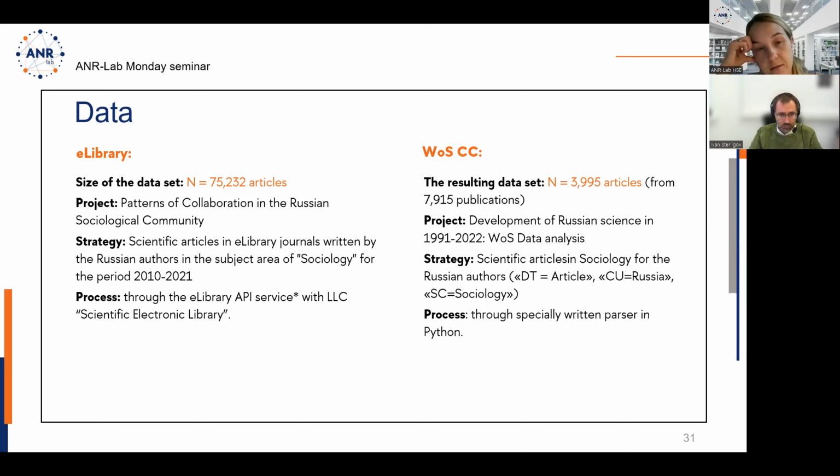And of course, the strategy for the formation of the data set was very different. For eLibrary, we collected scientific articles in eLibrary journals, which are written by Russian authors in the subject area of sociology for the period which I mentioned.